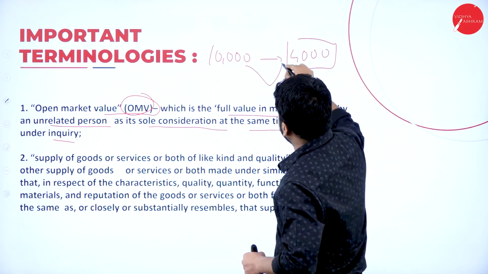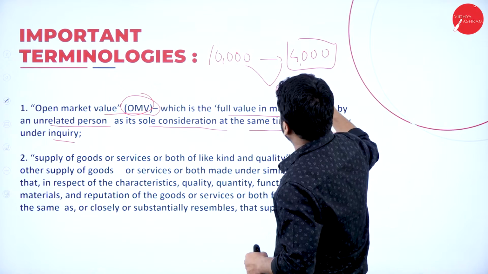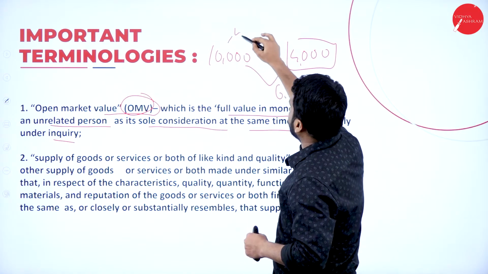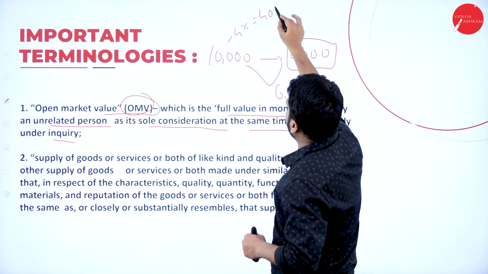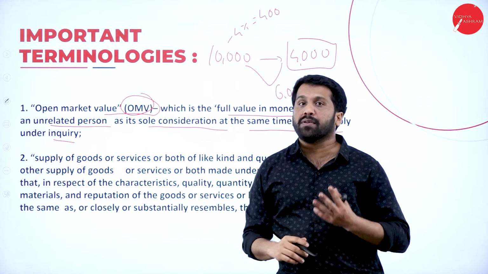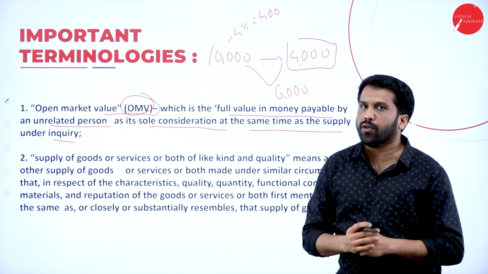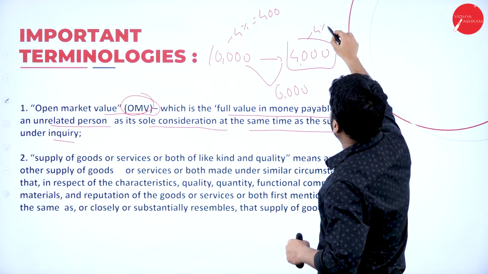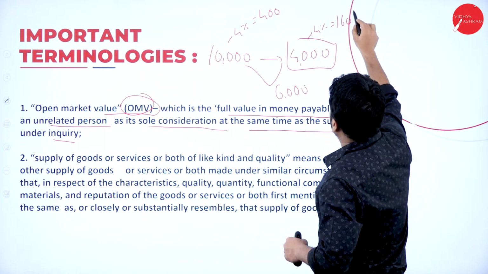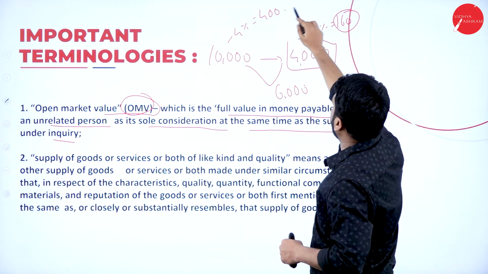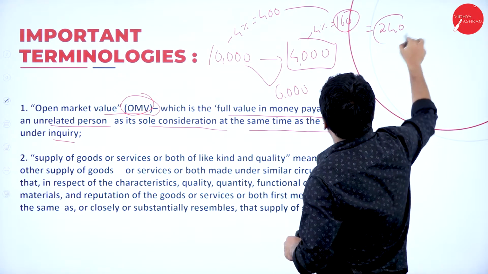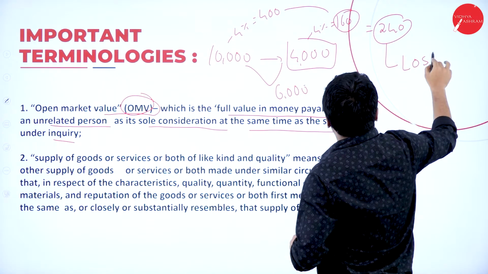So what is the difference? The difference is 6,000. Whatever tax, just assume 4% tax, it will be 400. But on 4,000, if you calculate 4%, it will be 160. What is the loss to the government? Almost 240 rupees loss to the government.